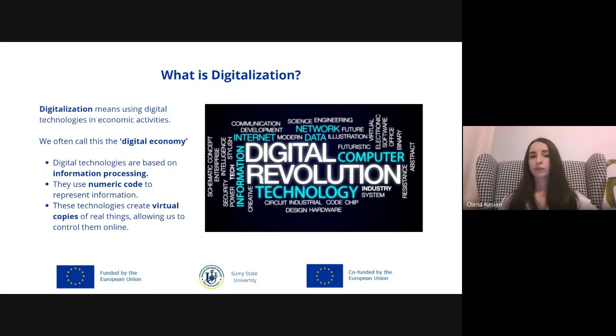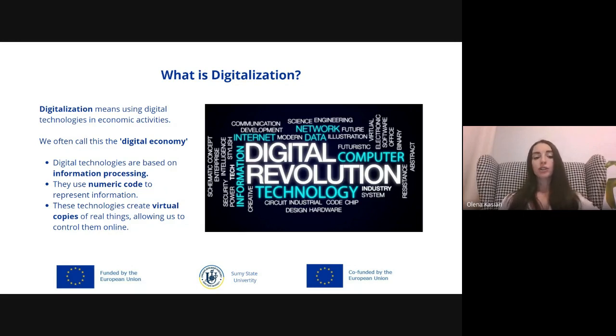So everything actually related to the web, to the industry of the internet. In the primary understanding, the digital economy can be defined as an economic system based on predominant use of digital technologies.